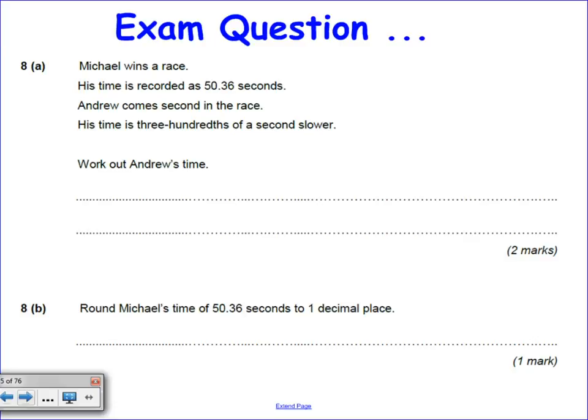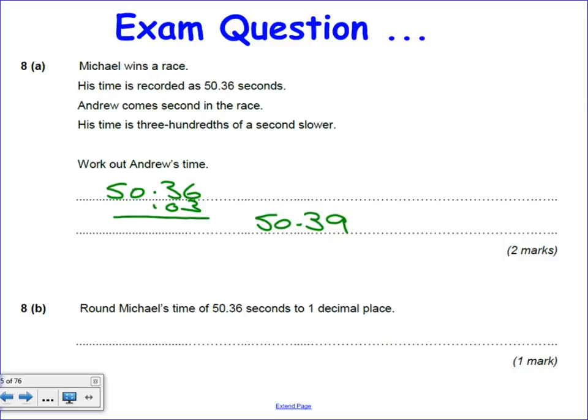Let's do this slow. So what's this bit asking you to do? I've got a time of 50.36, and because he's second, you've got to add 3/100ths of a second to it. So all it's saying is add 3/100ths of a second to the time you've already got. So the time of the second guy is 50.39. Everyone get that? Yeah? Because he's slower, it's going to take longer.